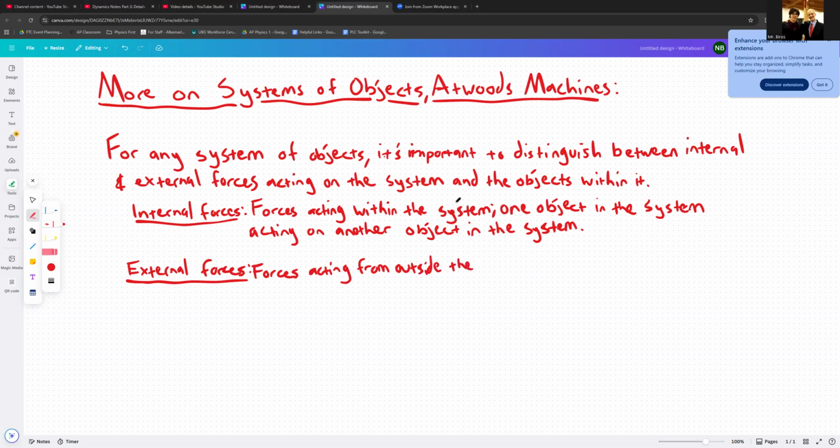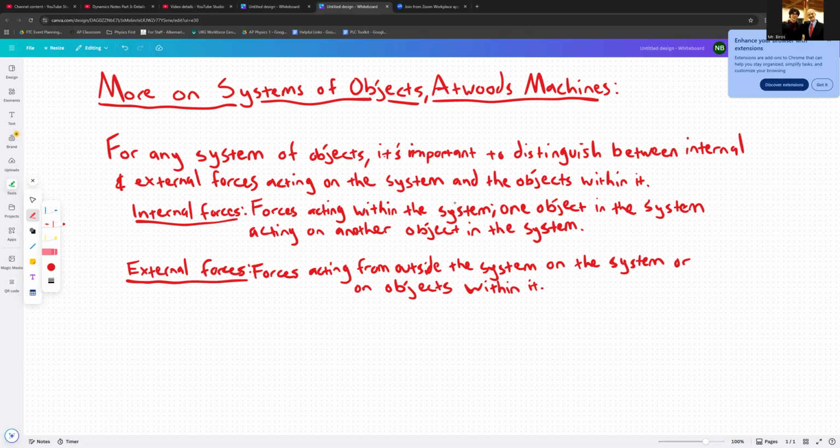And these forces acting from outside the system are either acting on the system as a whole, or we could say on objects within it. Okay, cool.